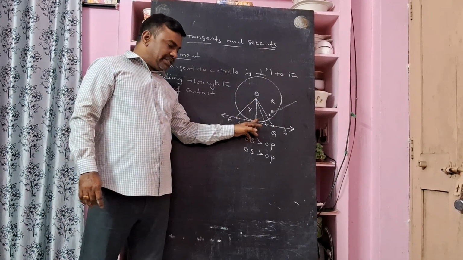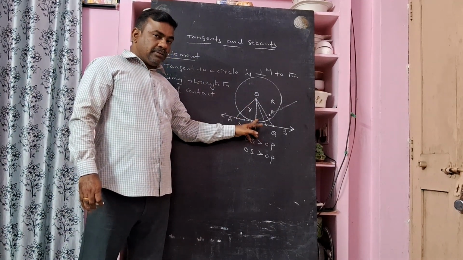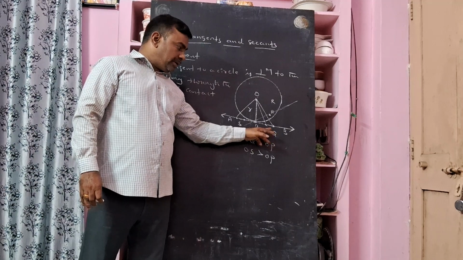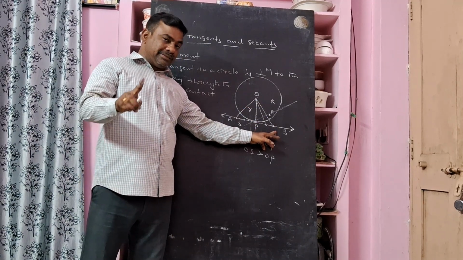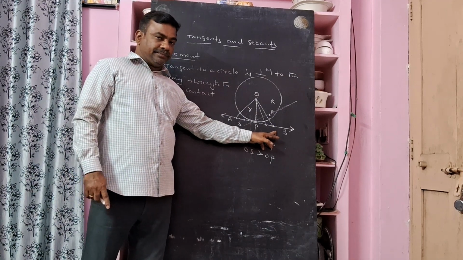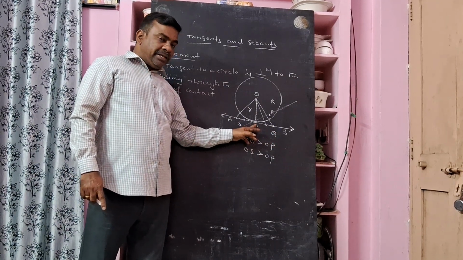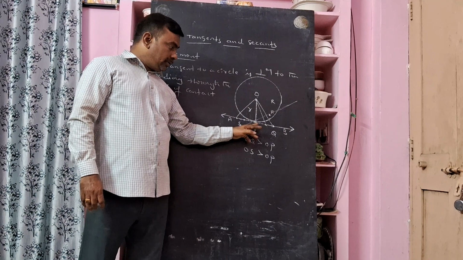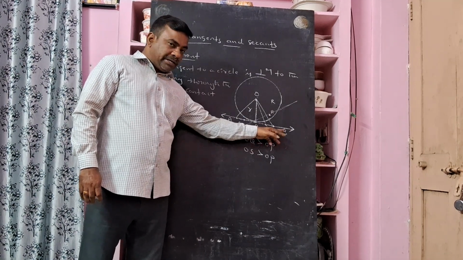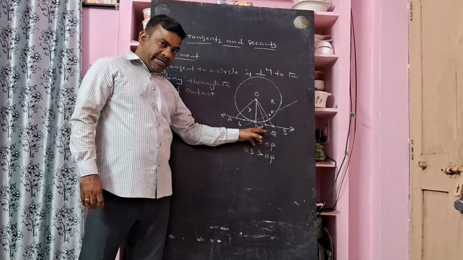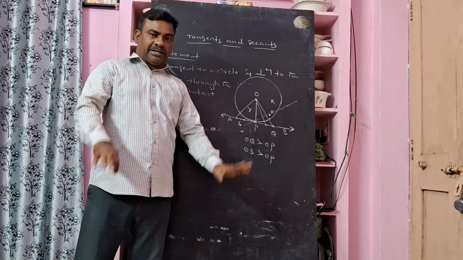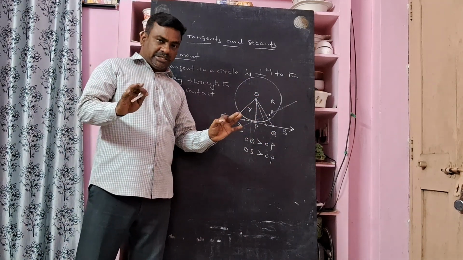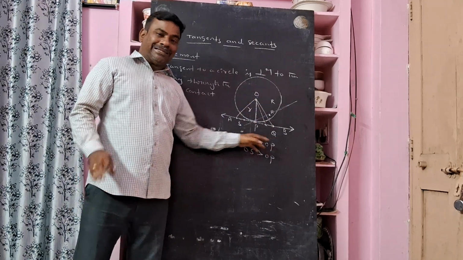OP is the shortest length from the center to any point on the tangent. P lies on the circle, and whichever other point on the tangent you consider, its distance from the center is always greater. That means OP is the shortest length from the center to that line.